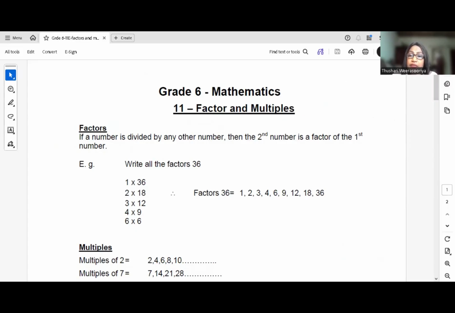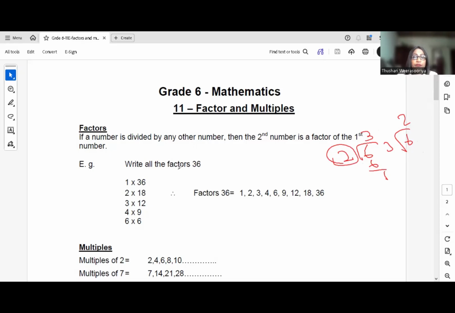For example, we take 6. 6 is divisible by 2, so 2 is a factor of 6. And 6 is divisible by 3, so 3 is also a factor of 6. If a number is divisible by another number, then the second number is a factor of the first number.